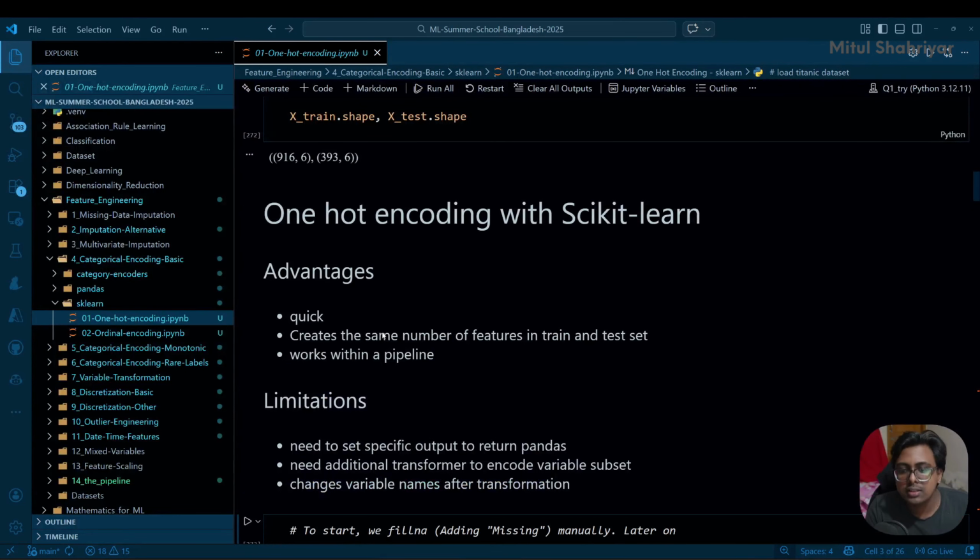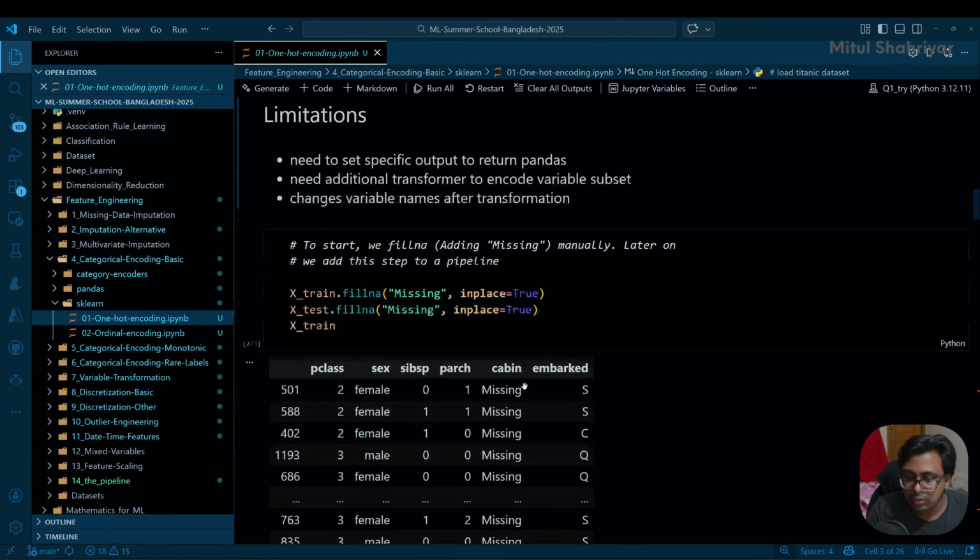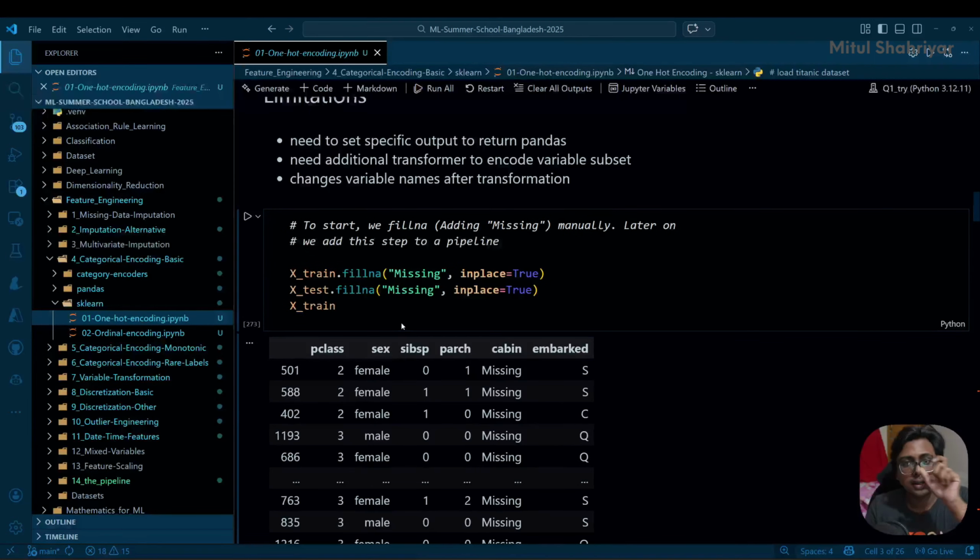Now the easy stuff. I'm not going to cover how it works, but keep in mind that we learned about imputation earlier. Imputation was basically dealing with missing data. Here, assume that we want to assign the string "missing" whenever we have any data missing in any of the columns.